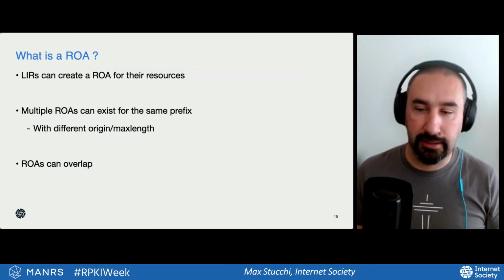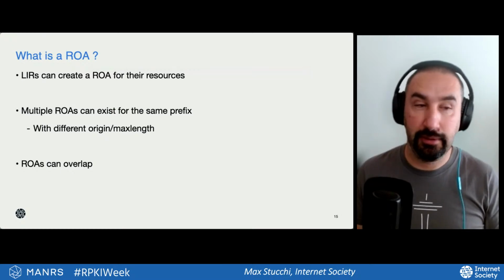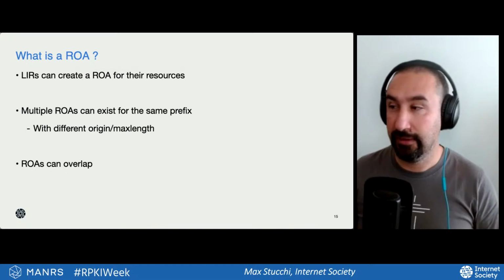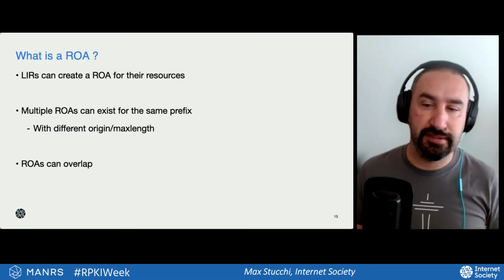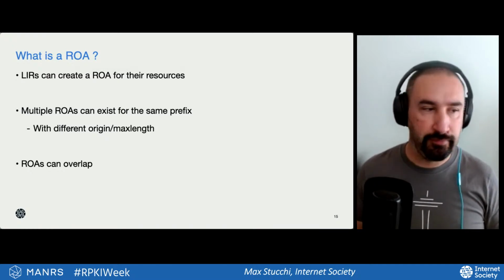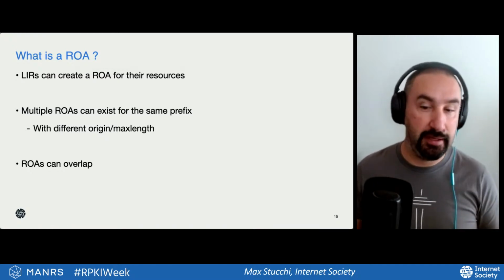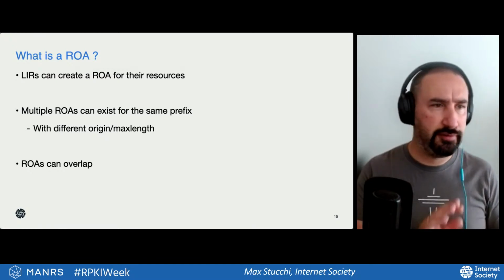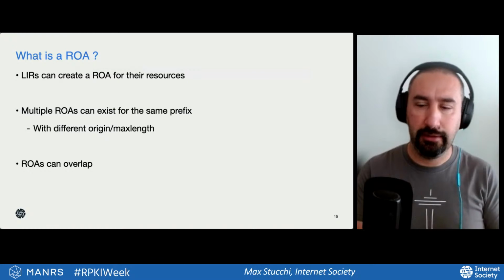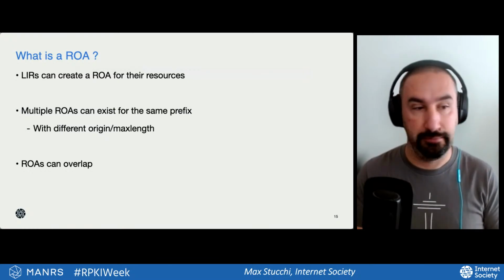And LIRs, members, can create ROAs as they like for their resources. They can overlap. There can be multiple ROAs for the same prefix, with different origins. They can have different max length. We'll see what max length is in a moment. You have total freedom on how you can create them.